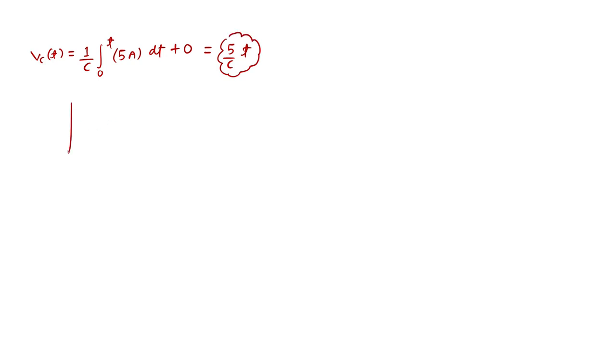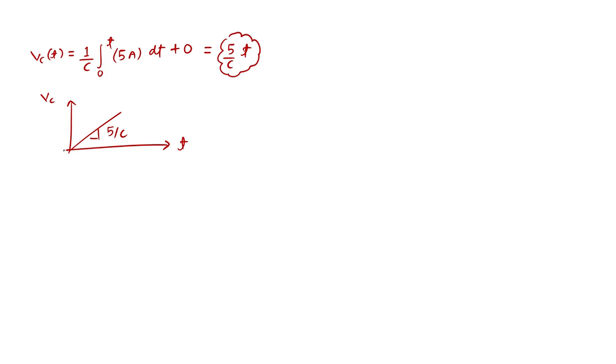So it is nothing but the equation of a line which has a slope of 5 by C. From our prediction, the slope was 5 by C and constant throughout for t greater than 0, so we were also getting the same nature of the plot.